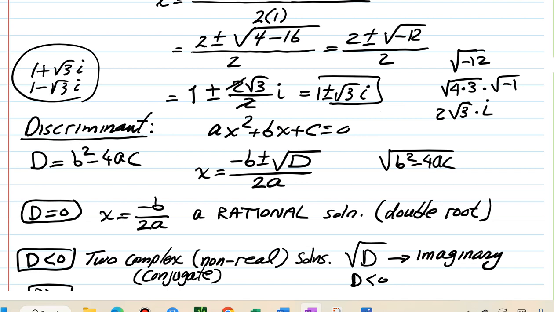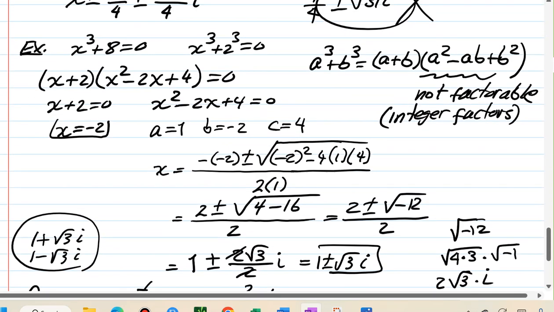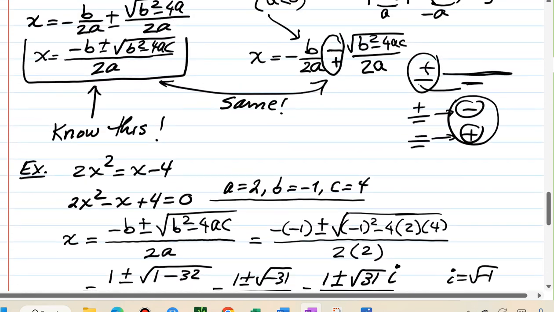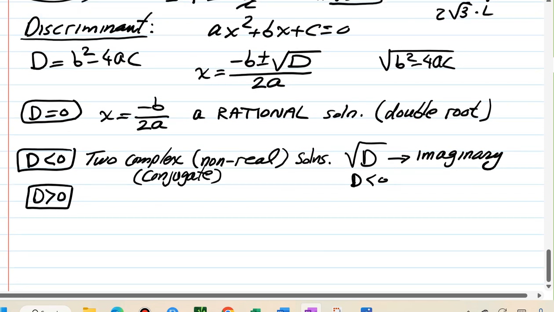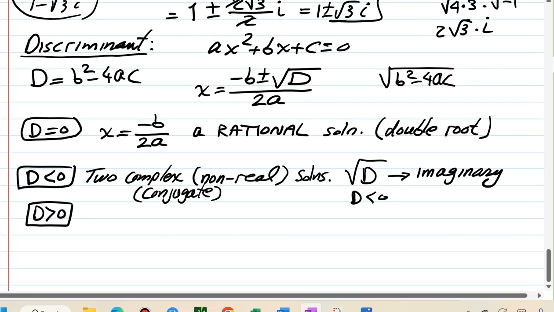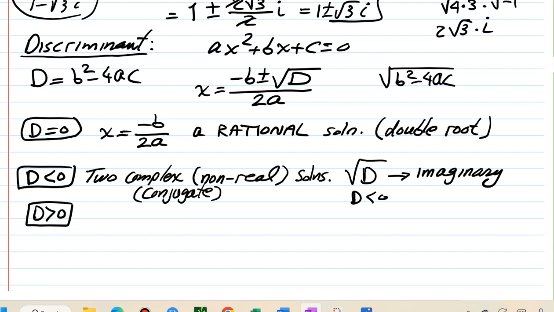Now, what if the discriminant is positive? We did one, I think. No, we haven't yet. But if the discriminant is positive, that means we're not going to run into an imaginary situation, right? In that case, it depends whether we can take the square root of that positive number as a perfect square or not.